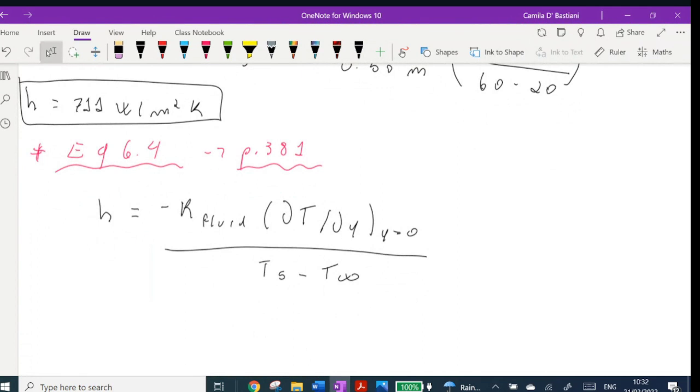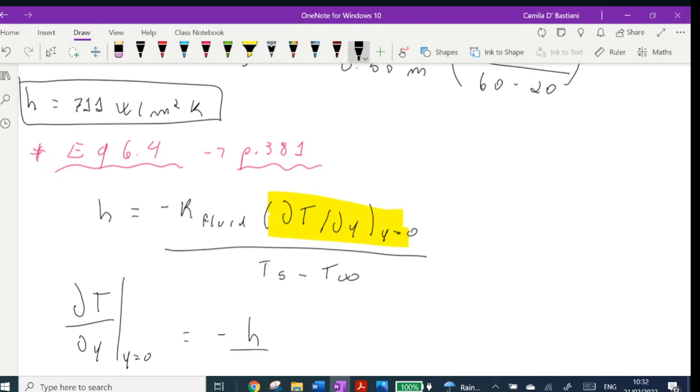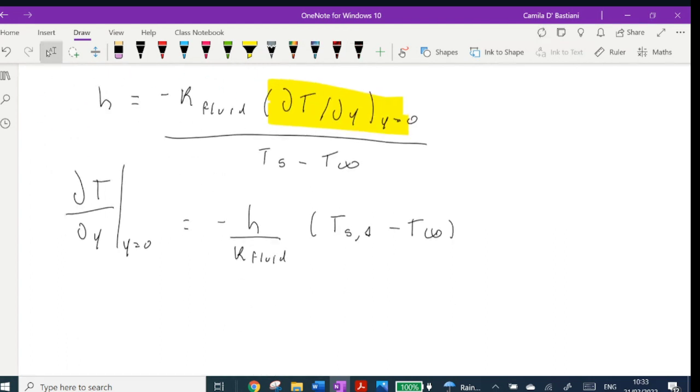We know everything. The only thing we don't know is what we want to find here. So I can solve that for my temperature gradient at the surface, y equal to 0, which is equal to minus h divided by k of the fluid, times the temperature of surface 1, as the surface is in contact with the water, minus the temperature of the water.